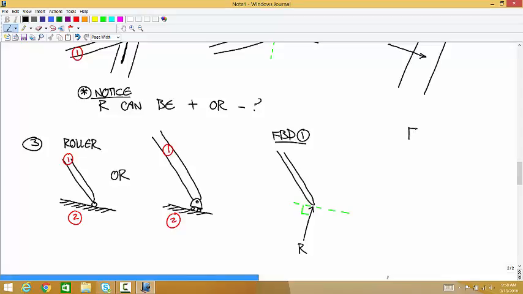And a free body diagram of the part of the ground, body 2. Newton's third law says it has to be equal and opposite.